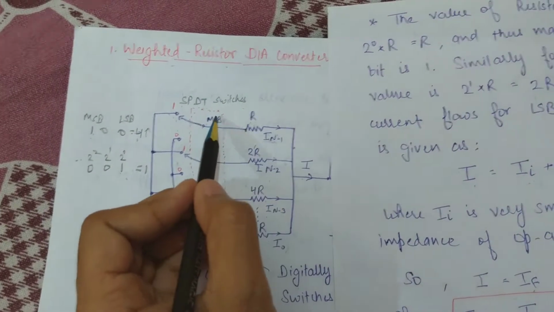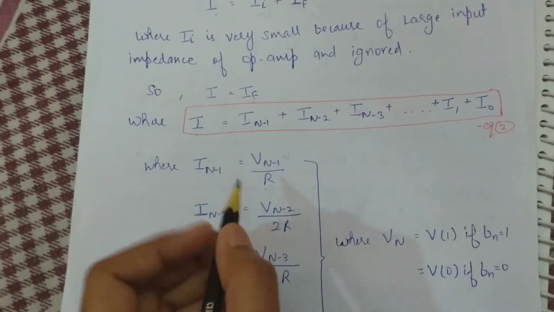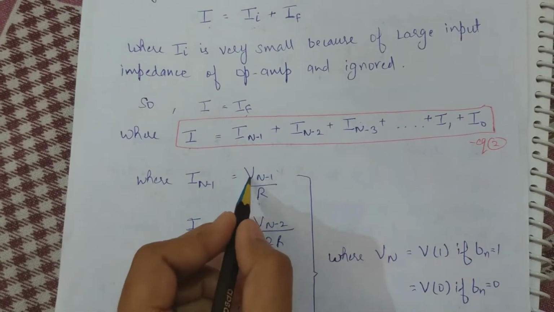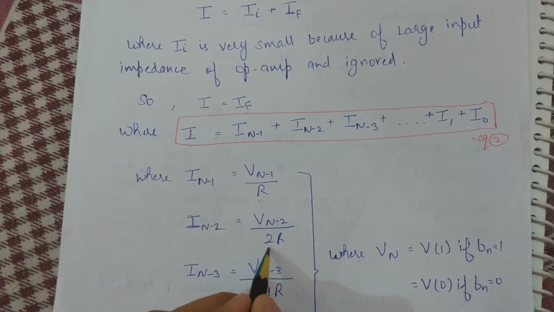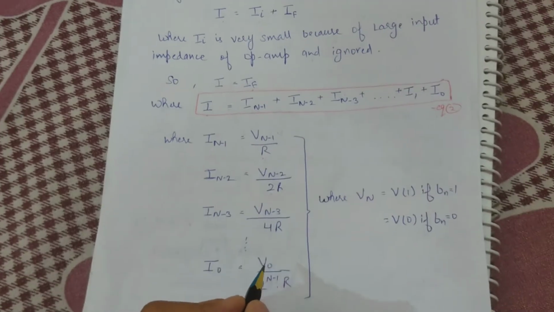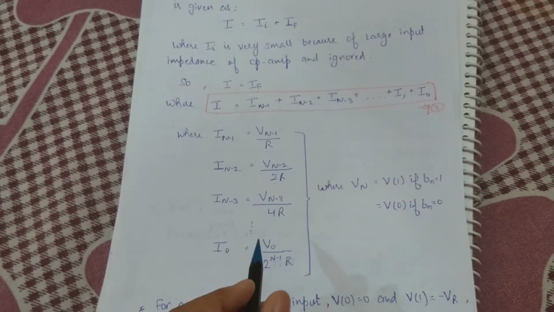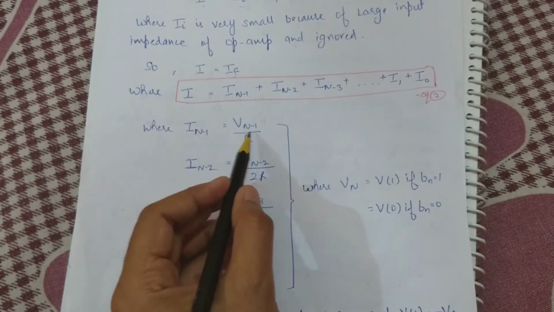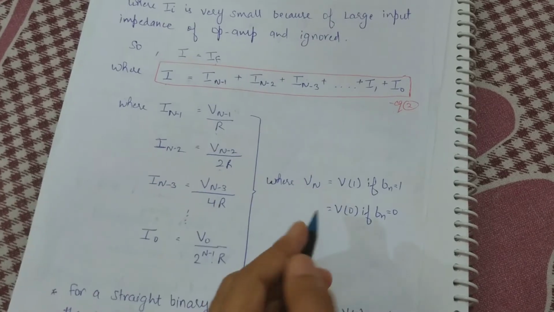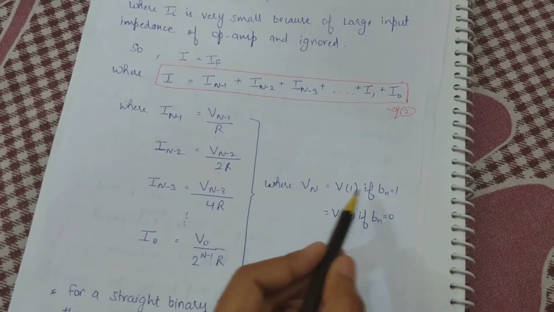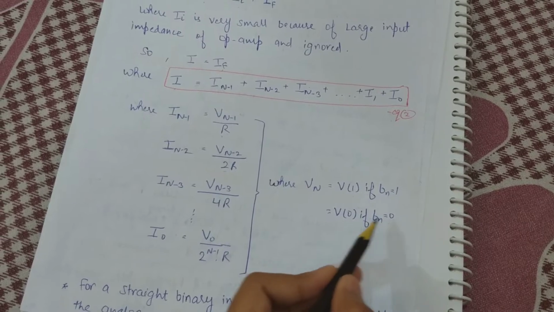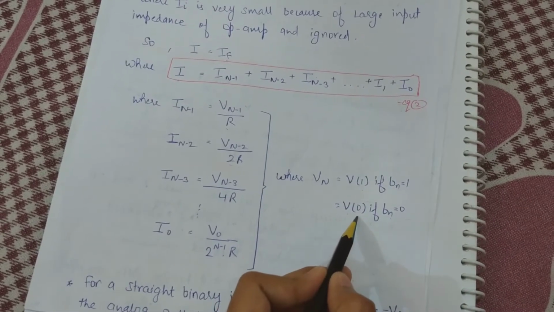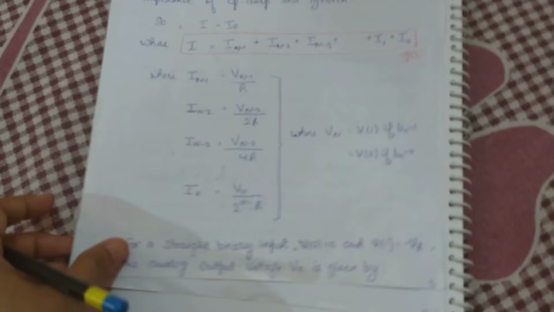So current value is V upon R. That is why we are writing here current I(n-1) as V(n-1) upon R. Next current will be V(n-2) upon 2R, and so on up to I naught, okay? And the value of Vn will depend upon the binary input. If binary input is 1, we will apply V1 voltage, and if binary input is 0, we will apply V0 voltage, okay?